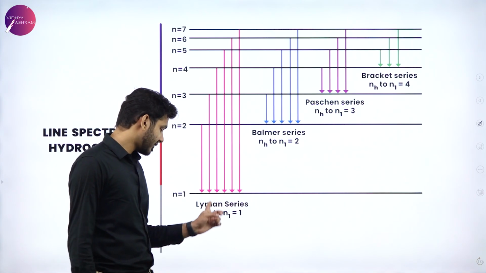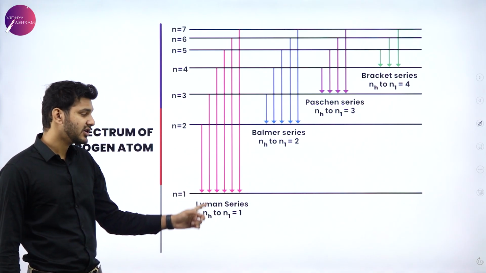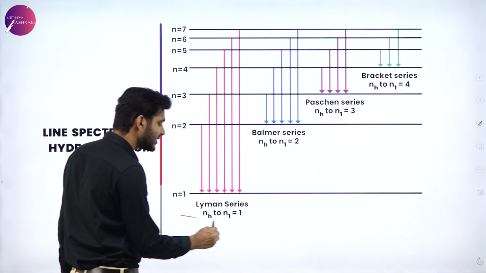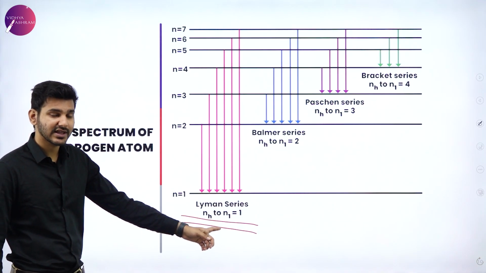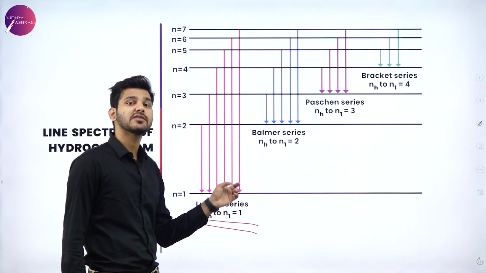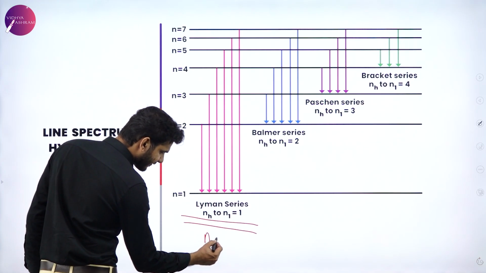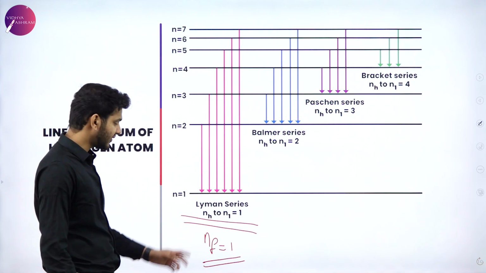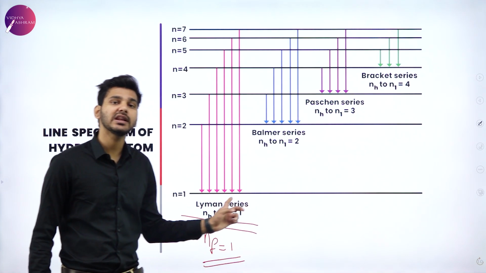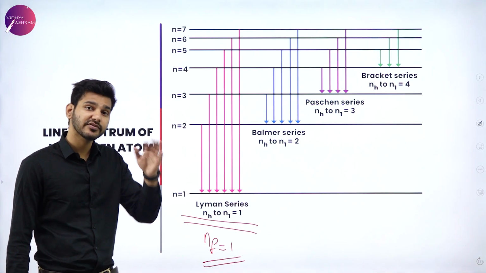If the transition is to n equal to 1, we call it the Lyman series. That is, if the final shell into which you are jumping is the first shell, that is nf is equal to 1, then that series is the Lyman series. From where all can the electron jump to the first shell?